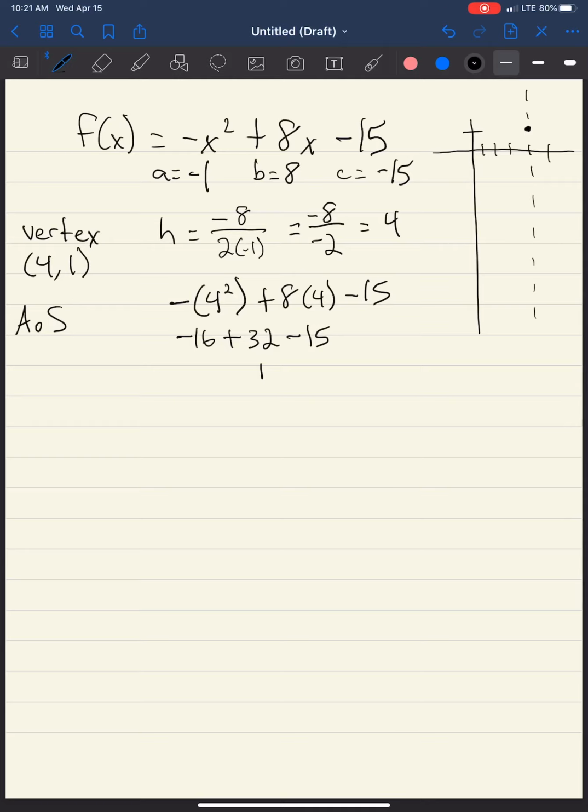So what I need to do now is decide, is this going up or down? And to do that, we're going to look at our a value. So if we look, we see a, and we say, hey, it's equal to negative 1. So that means it is going to go down.